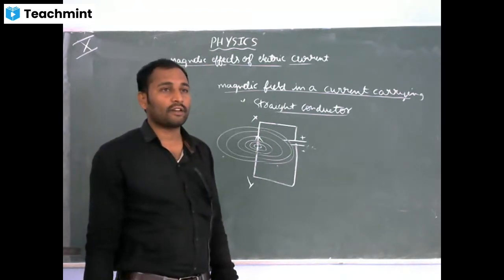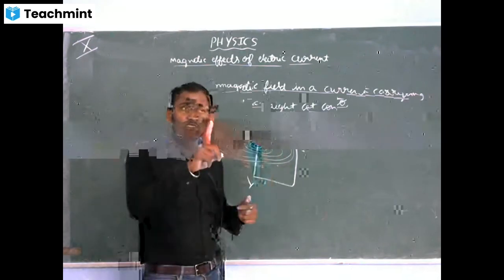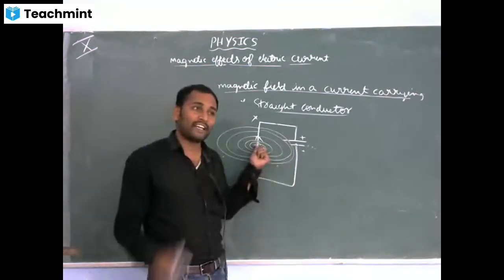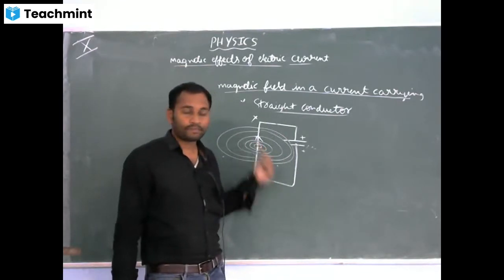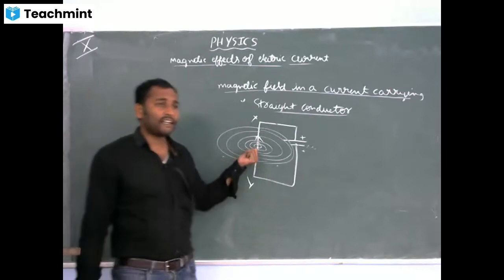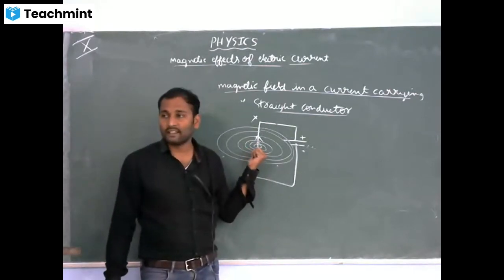Compass deflection. The compass will show more deflection. If the needle is deflecting more, that means the magnetic field strength is more. Clear? So this is how we determine magnetic field strength in the case of a straight conductor carrying current.